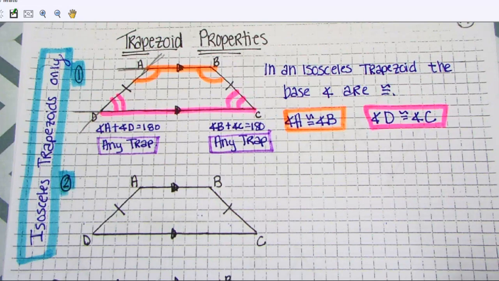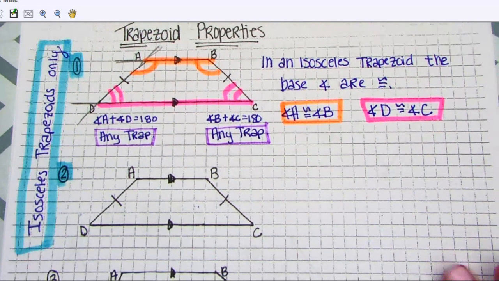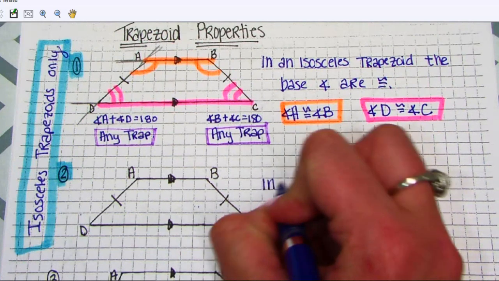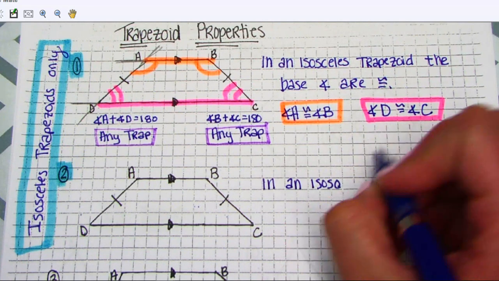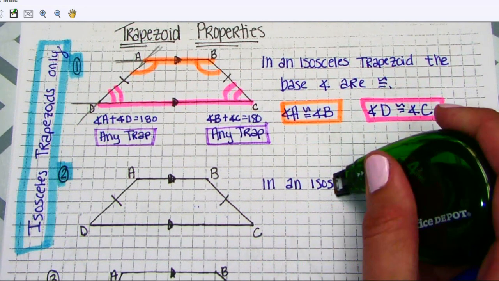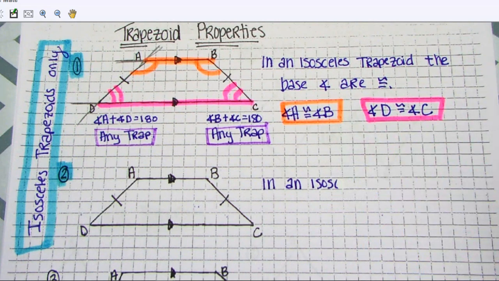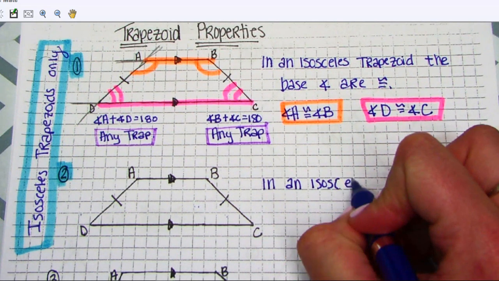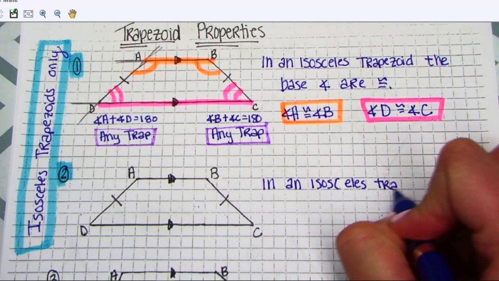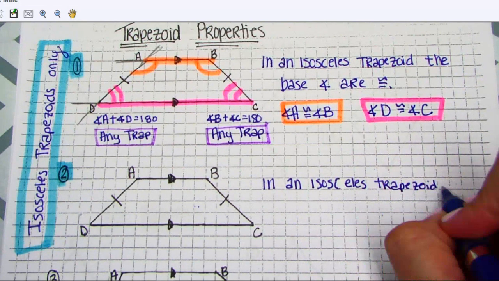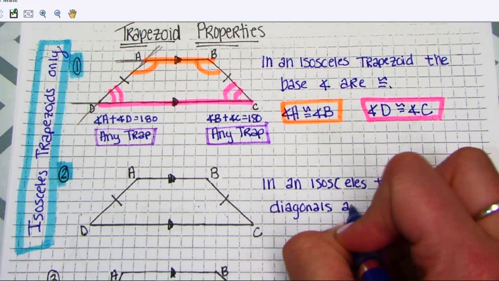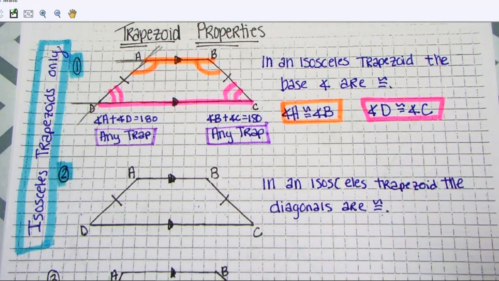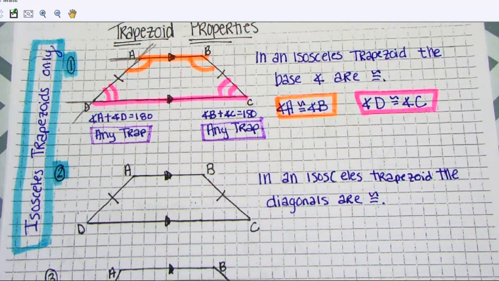The last part, again, is just for an isosceles trapezoid. So in an isosceles trapezoid, the diagonals are congruent. So diagonals connect one vertex angle to the opposite vertex angle.